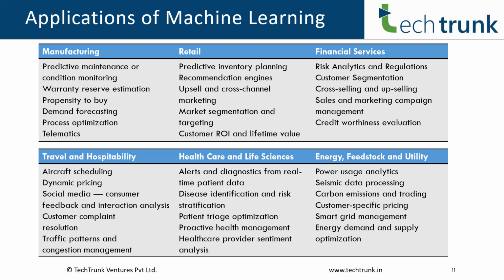Similarly, there have been applications of machine learning in a number of domains: manufacturing, retail, healthcare, travel, hospitality, banking, finance, oil and gas, mining. Every domain is getting to know machine learning and starting to adopt it. So there's a big wave and quite a quick adoption.